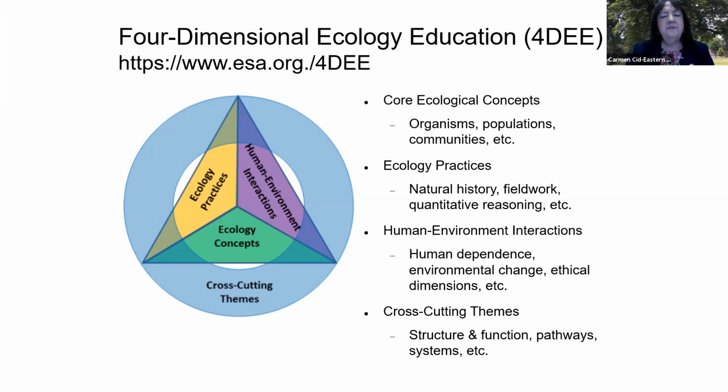We tend to leave out the human-environment interactions in each of these topics that we teach. And sometimes we don't put these concepts into the larger scale of biological themes, such as evolution, structure and function, pathways, and so on. So we're trying to get everyone to move in that direction at the society.